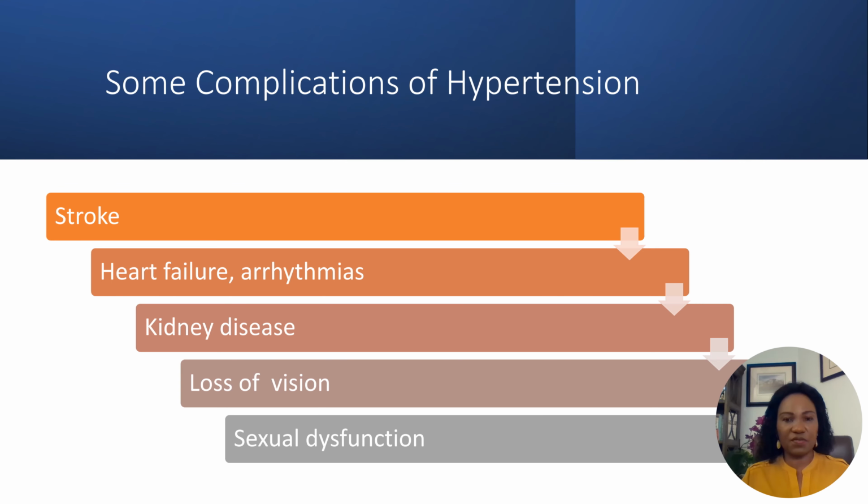Okay, complications of hypertension, guys: stroke, heart failure, arrhythmias. These things can lead to death. Please, I don't want to be the bearer of bad news, but hypertension is pretty important to be aware of and to control. Kidney disease, yeah, both ways. Okay, hypertension will cause kidney disease, and kidney disease will cause hypertension.